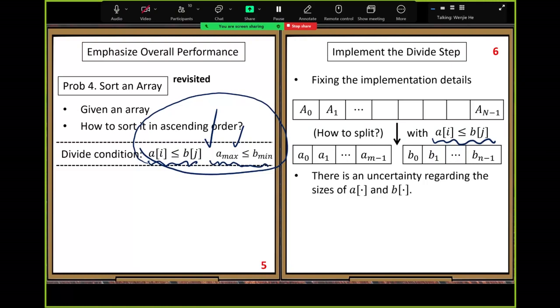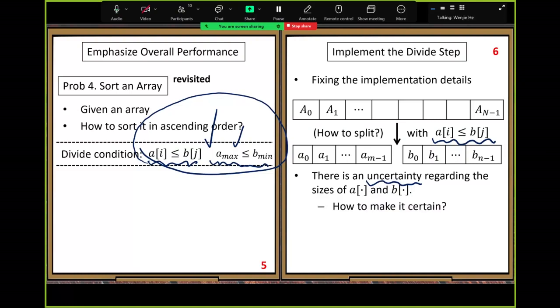Here there is an uncertainty regarding the sizes of A subarray and B subarray. Nobody knows the data sizes for A subarray and B subarray. So that's uncertainty, right? How large is the A subarray? How large is the B subarray? Uncertain. Okay?